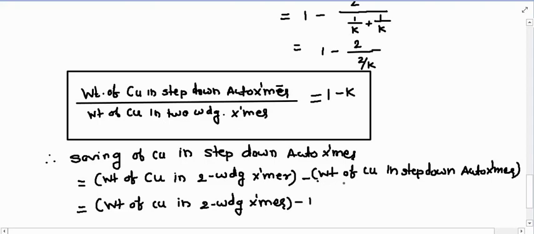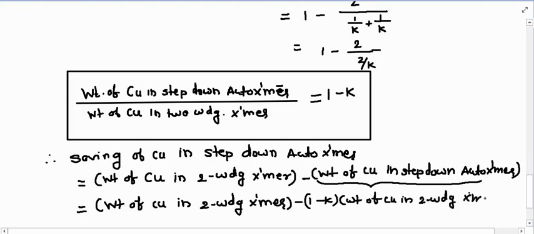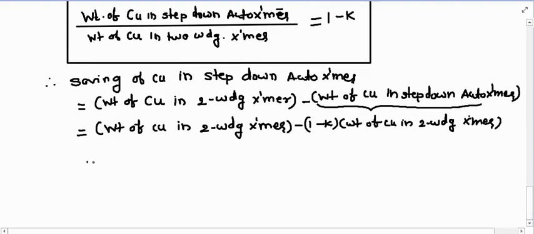So I will replace this term as 1 minus K into weight of copper in two winding transformer. So I can write down this as K into weight of copper in two winding transformer.